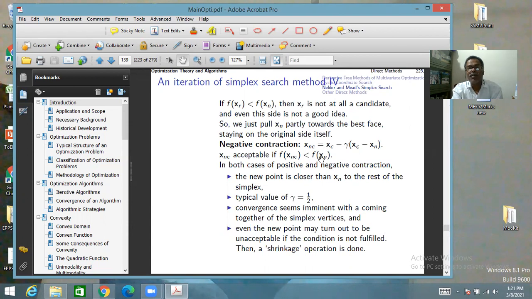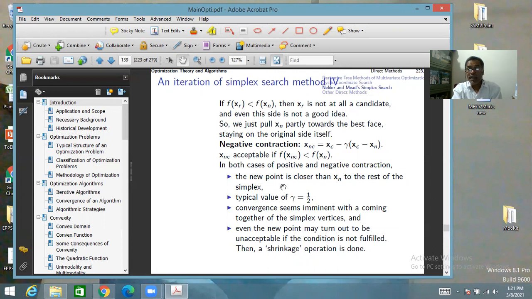If not, then what? In both of these contraction cases, there are quite a few things common. The new point is closer than the worst point to the rest of the simplex because it is contraction. Typical value of gamma, you take half.